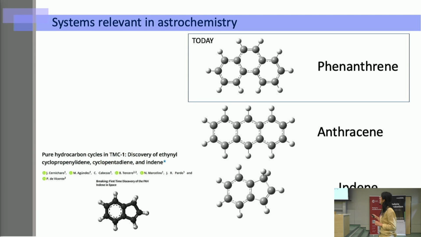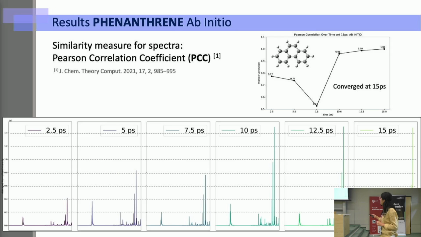Today we present results on Fen and Tren. For comparing the different results, we chose to use the Pearson correlation coefficient instead of RMSD or other measures. This is justified: there is a nice paper where they compare different similarity measures, and they come up with PCC being the most convenient one. So we ran long trajectories.